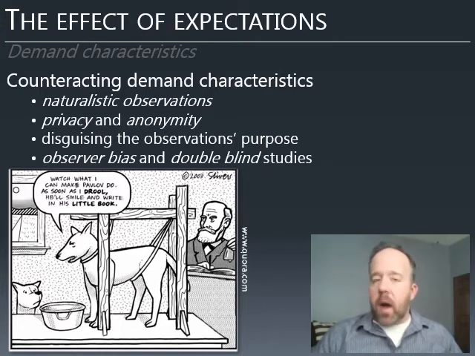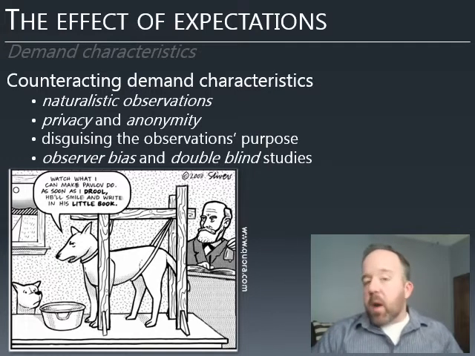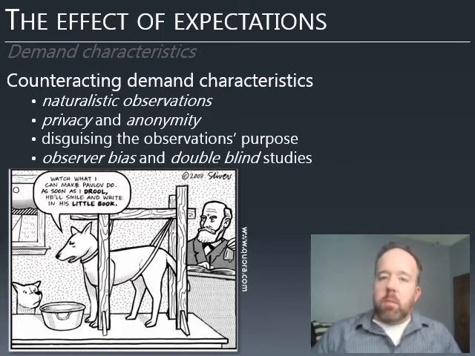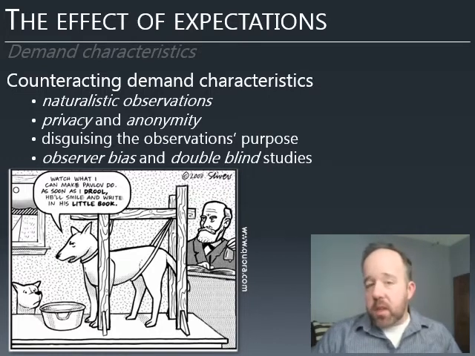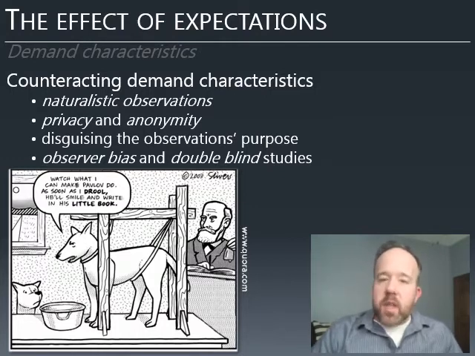And so observer bias is, which is what it sounds like, bias on the part of the observer, where data might be interpreted in a certain way, observations might be categorized one way if it confirms the hypothesis and another way if it doesn't. Data might be kept or thrown out based on what the observer expects to happen.